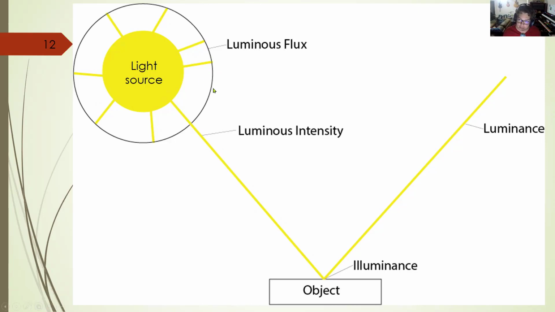Now those lumens per steradian strike a surface, and then that surface has properties of its surface area. And so if you're interested in looking at the entire surface area, you're interested in how many beams of light strike that surface. That's the illuminance.